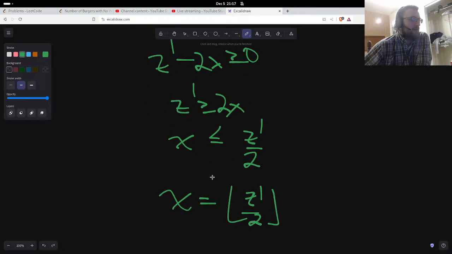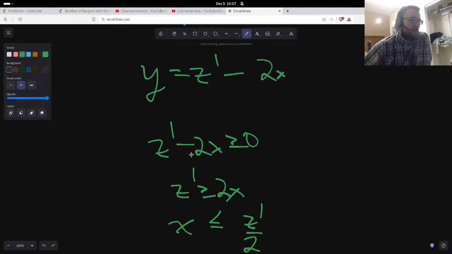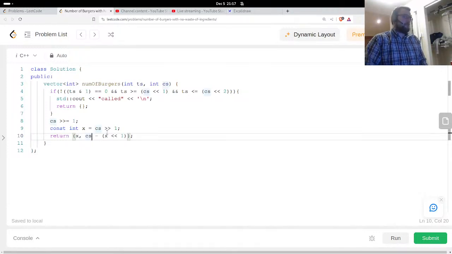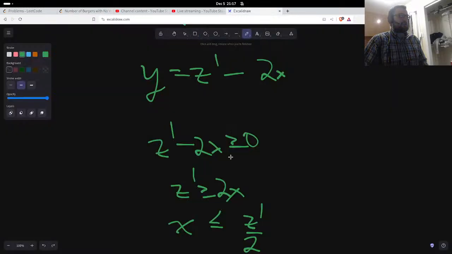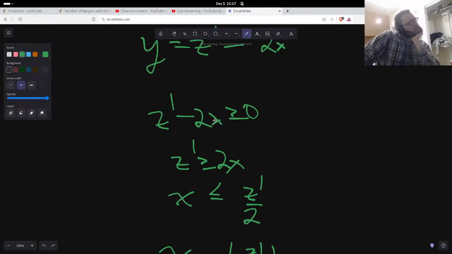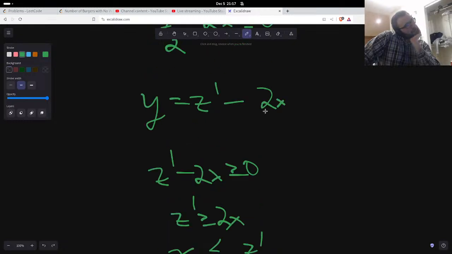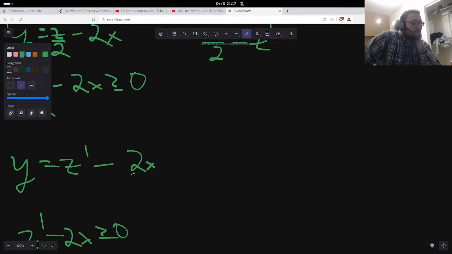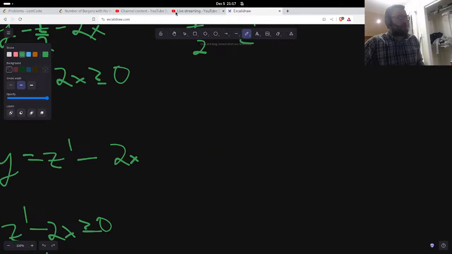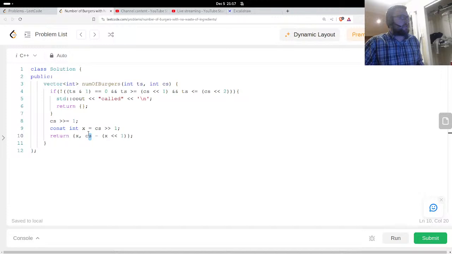So that was correct, but this part's wrong. Y is, this is not x minus 2x, it's z prime, which is cs, minus this thing times 2. Wait, what? No. What's c prime?